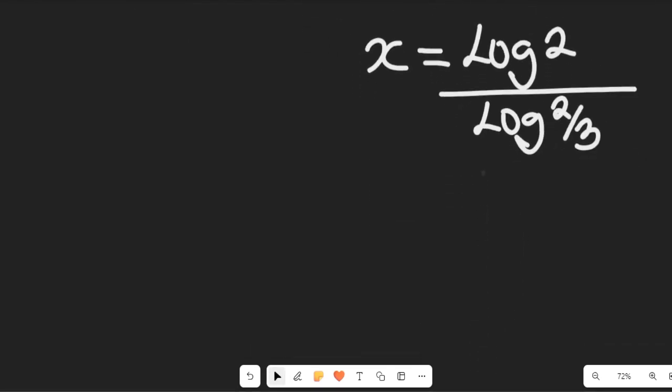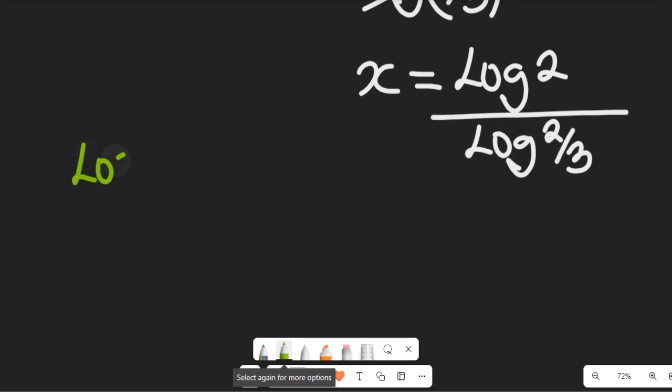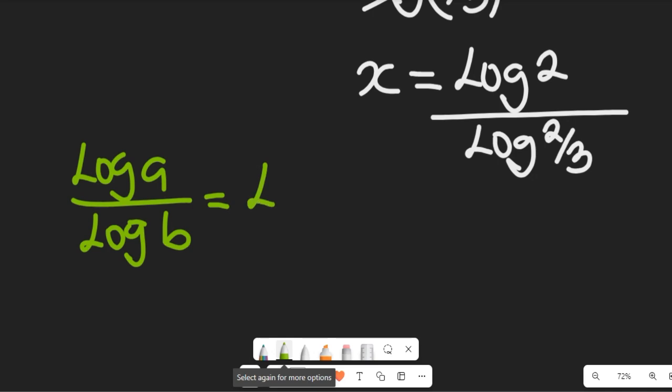I want you to recall a law of logarithm. From that law of logarithm, if I have the log of a dividing the log of b, this can be equal to log of a base b.